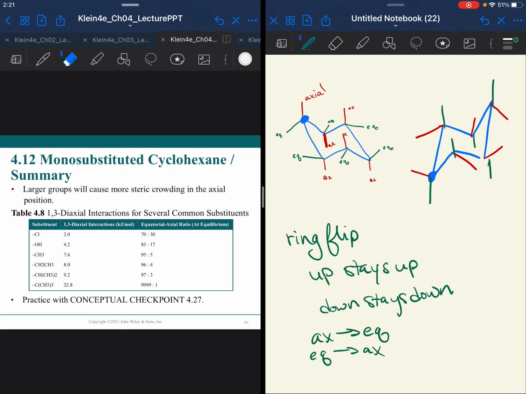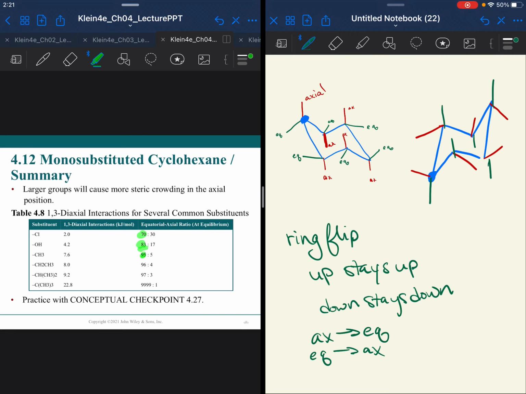a chlorocyclohexane, 70% of those molecules will prefer for the chlorine to be in the axial position. An OH is bigger than a chlorine just because you have that extra bond, not because oxygen's bigger than chlorine. Now you're getting an 83% preference for the alcohol to be in the equatorial position.